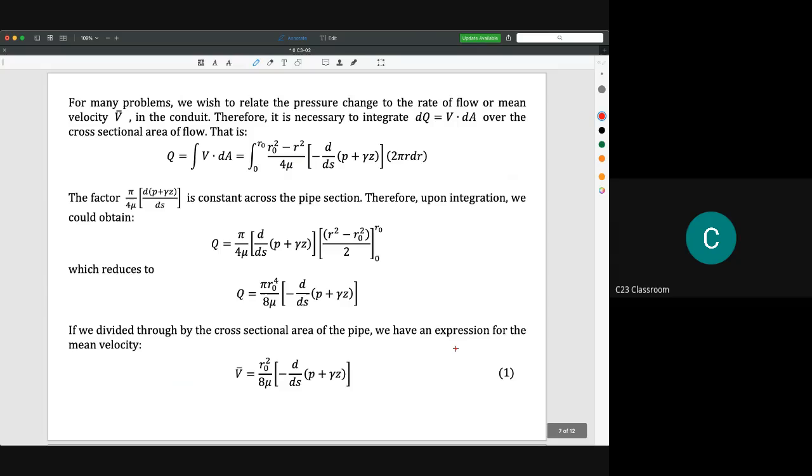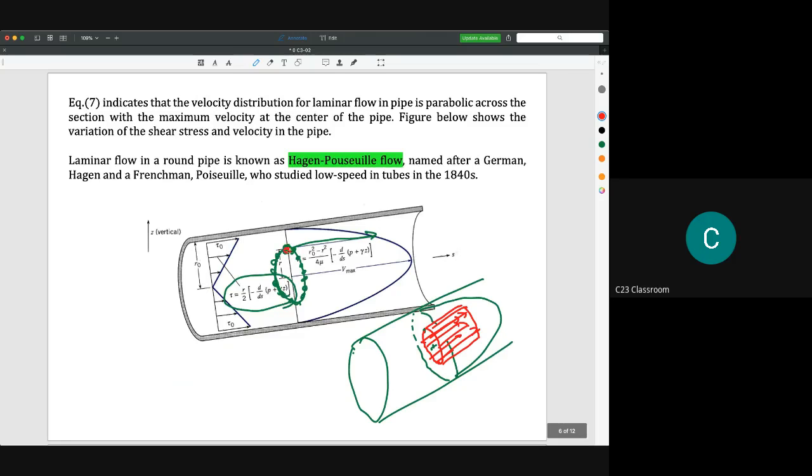Now that we have the velocity, we show how to calculate the flow rate. For example, we have one small area here.